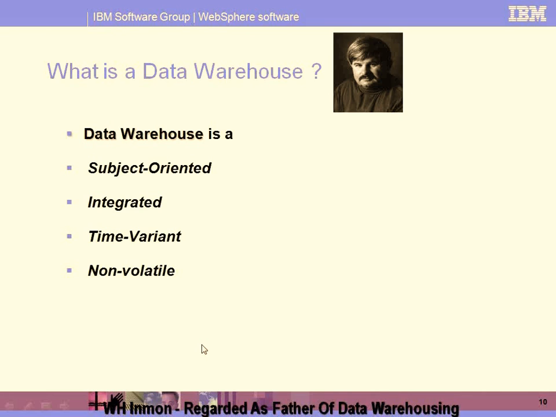The data we are storing in that RDBMS should support the following characteristic features. First one is subject oriented, second one is integrated, third one is time variant, and fourth one is non-volatile.